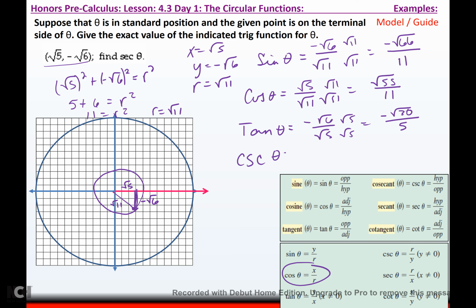Cosecant theta, flip sine, would be the square root of 11 over negative square root of 6. Rationalize. I get a negative square root of 66 over 6.